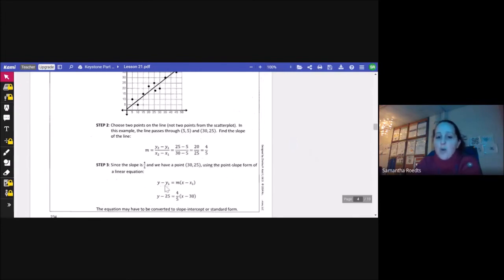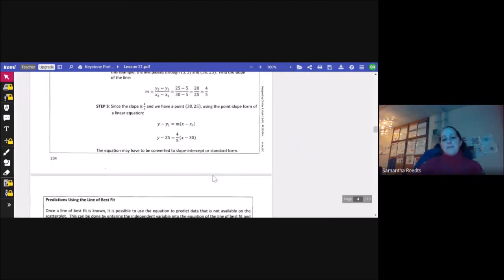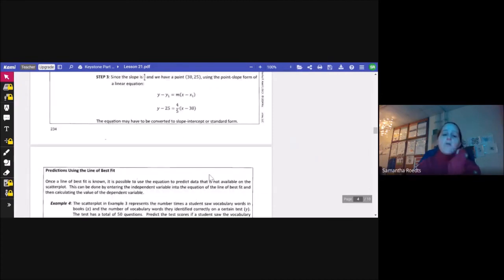So y minus y sub 1 equals m times x minus x sub 1. So y minus 25 equals 4/5 times x minus 30, which is my x value. The equation may have to be converted to slope-intercept or standard form, depending on the question. It'll usually ask you specifically for what it wants.